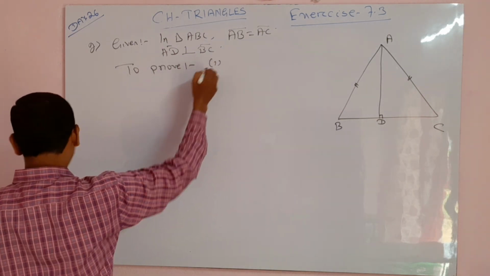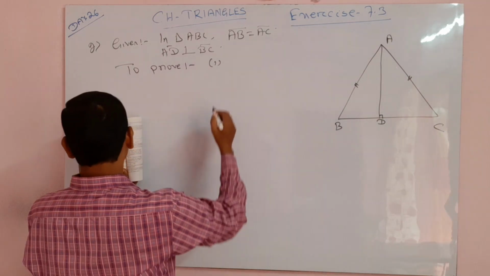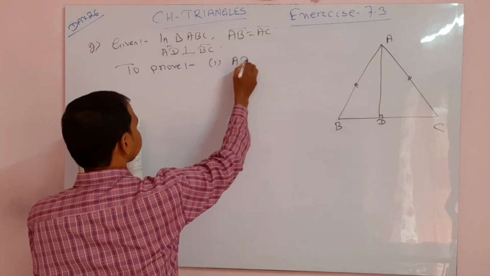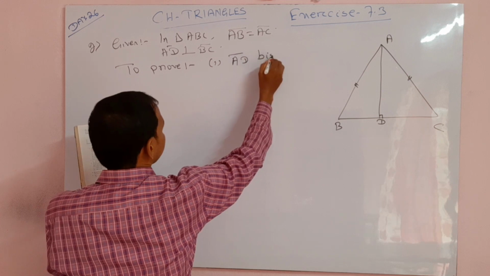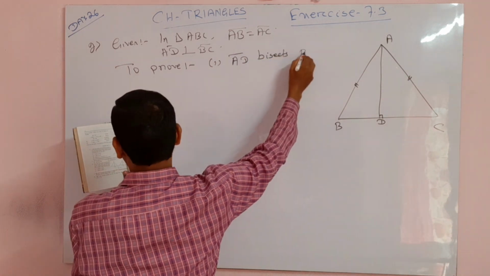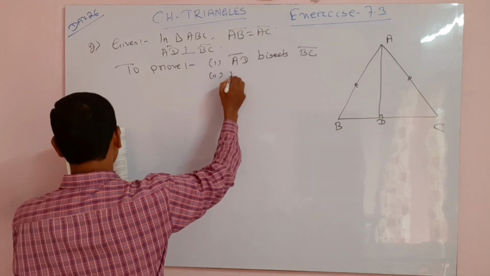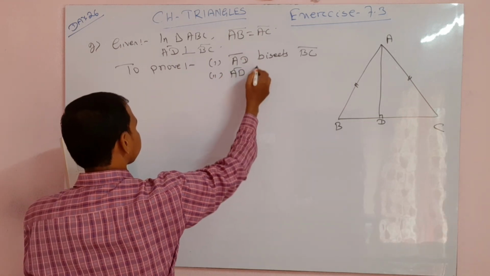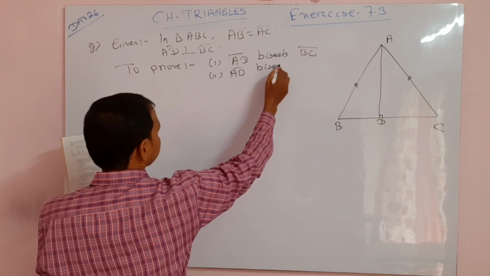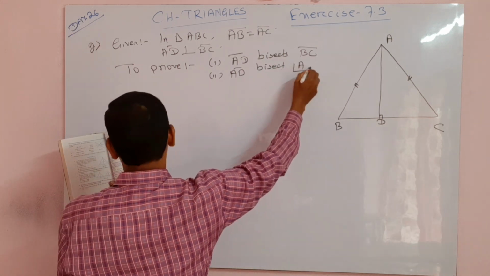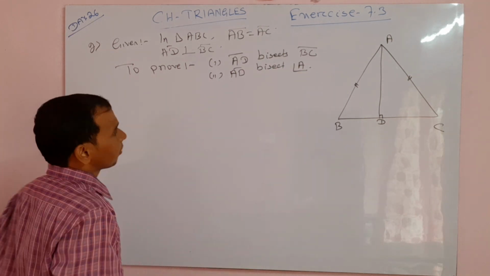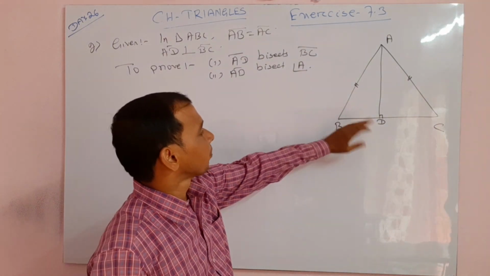Our aim is to prove, first bit, AD bisects BC. Second bit, AD bisects angle A.